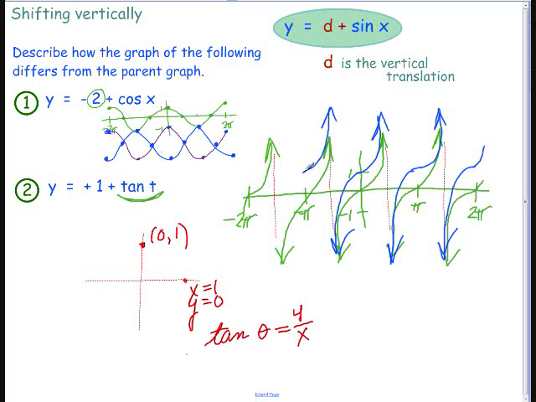Going up like this and down, not like that, but oh well, you get the idea, I think. All right, so it just shifted the whole thing up 1. Now you didn't actually have to draw that. You could have just written it out in words.